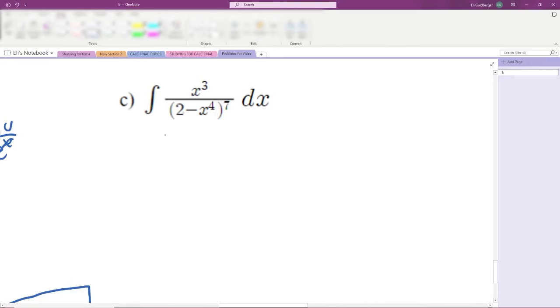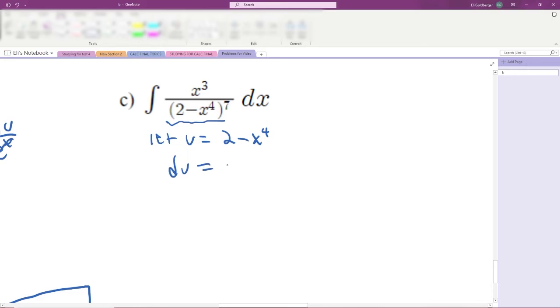Okay, so for 23c, right away we should see that this is what we should substitute for u, because it's the highest degree and it's binomial. So let u equal 2 minus x to the 4th.